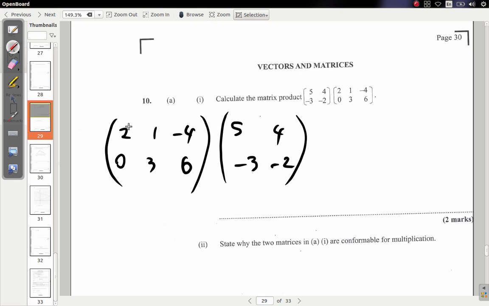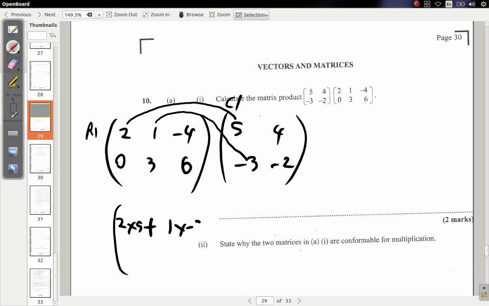Row 1 times column 1: first element in row 1 times first element in column 1, 2 times 5, plus second element in row 1 times second element in column 1, that's 1 times negative 3, plus the third element in row 1 times the third element in column 1. So could this multiply, right?